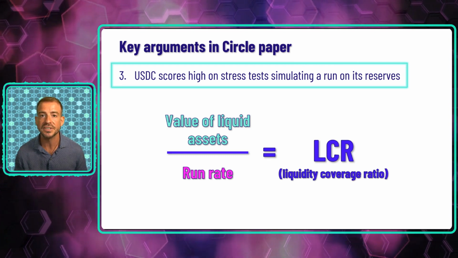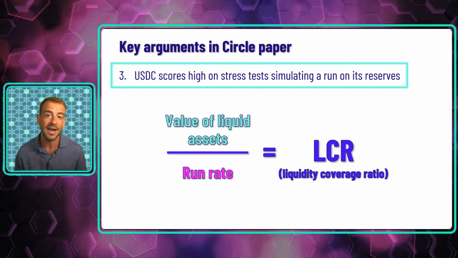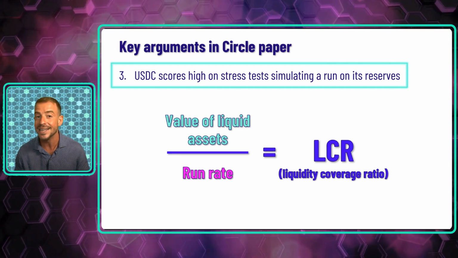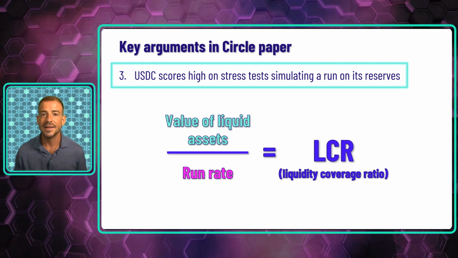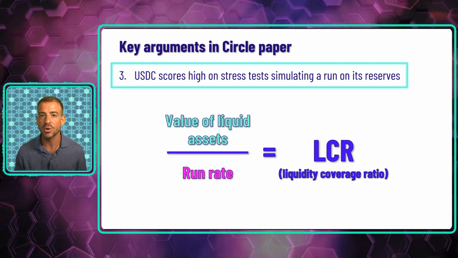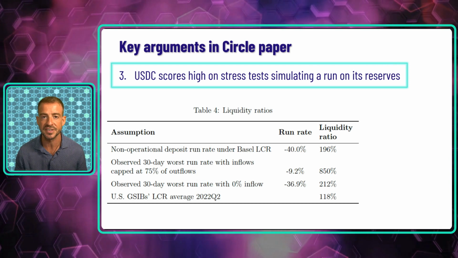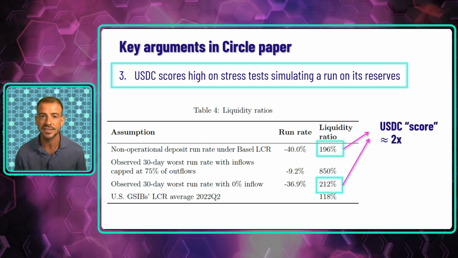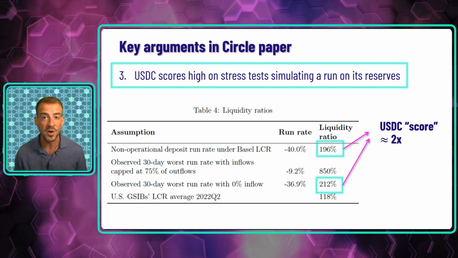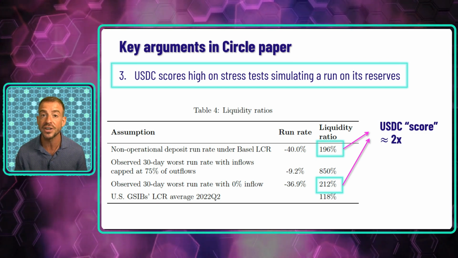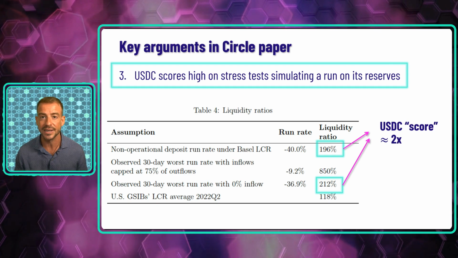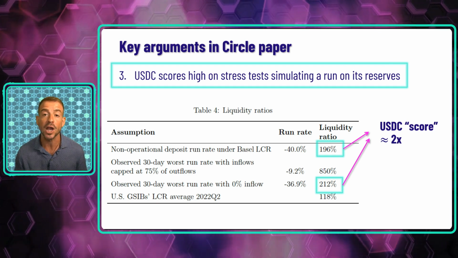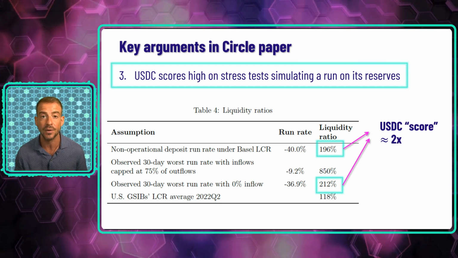So Circle puts these principles to work to examine what LCR values it would score in the event of a run on its reserves. And the results are quite striking. Even after applying more conservative assumptions than the official test, Circle reports ratios of about 2x. This includes a scenario where Circle uses historical on-chain data to estimate how quickly such a run could occur digitally, with the speed of digital runs becoming a growing concern for normal banks as well.